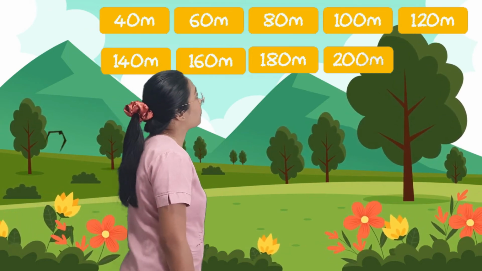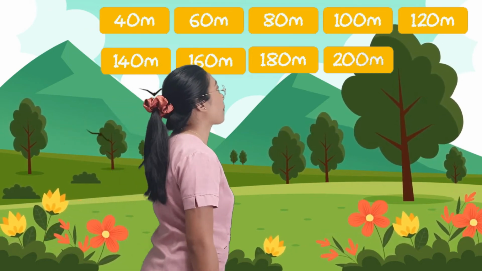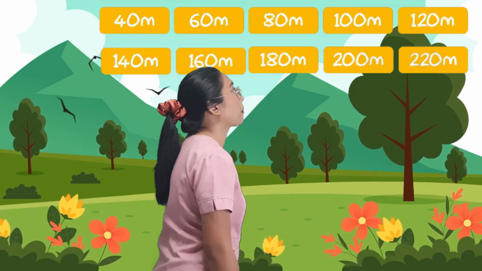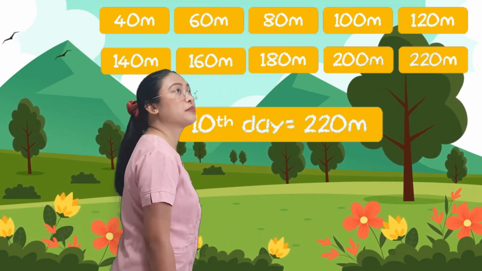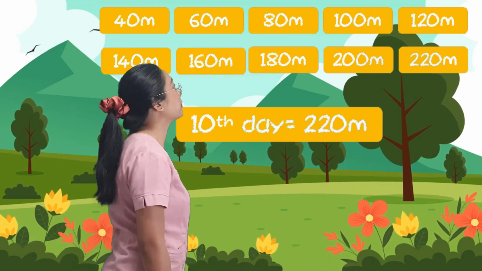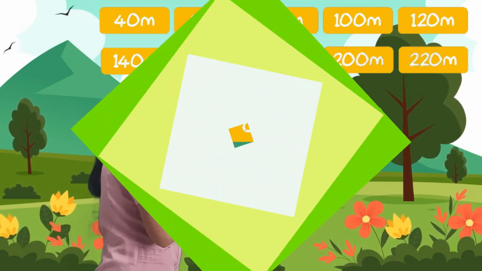By continuing this pattern until the 10th term, we have 220 meters as the 10th term. Therefore, on the 10th day, I walk 220 meters.